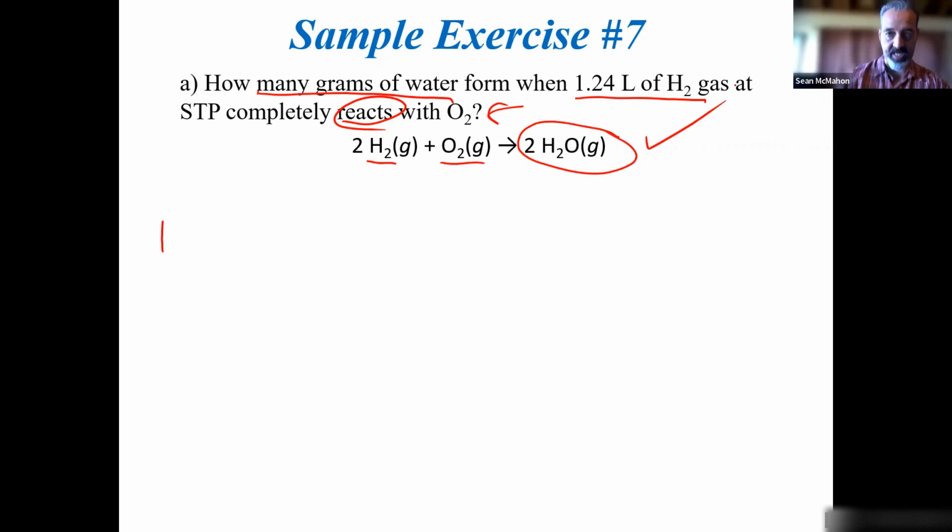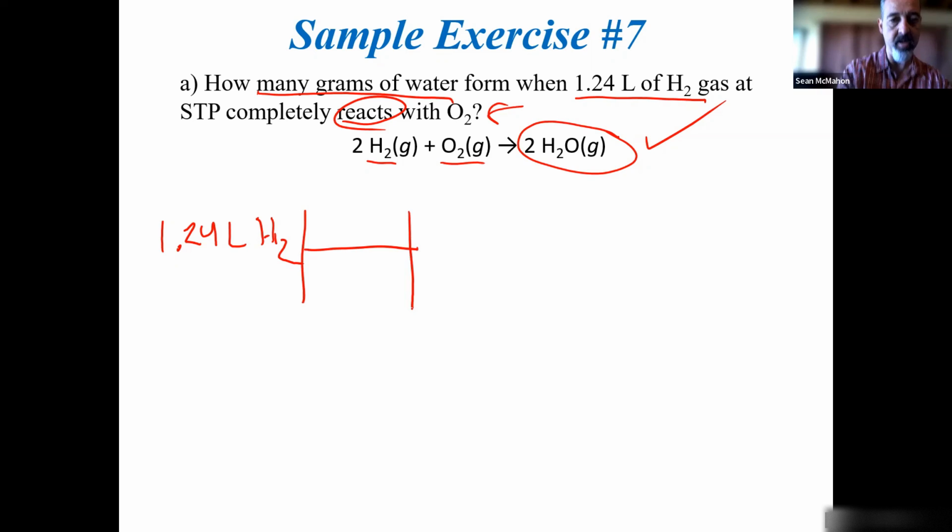Balance the equation, they gave it to you. I have 1.24 liters of hydrogen gas. Whatever they give you, convert to moles. They tell me it's at STP.